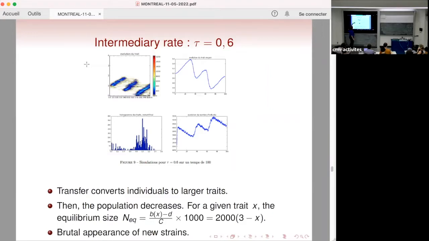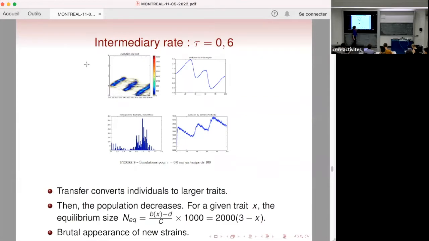And so you see that the transfer is winning first. That means that it pushes the evolution to select individuals with larger and larger traits. So you have the mean trait, and at the same time here you have these 4,000 people, and then of course, since the traits are increasing, the population size is decreasing.